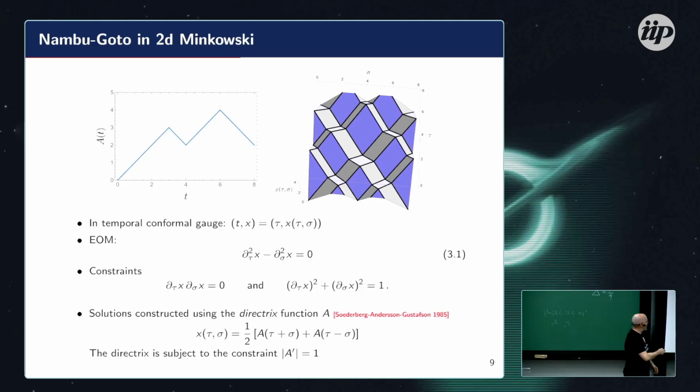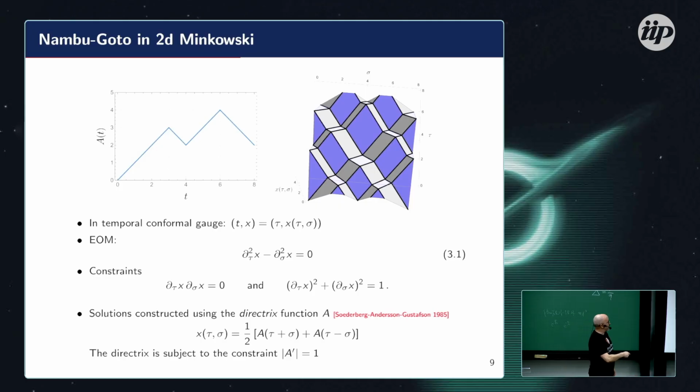Okay, so everybody has seen this equation of motion before, very simple, but there are also constraints that this embedding function x has to satisfy in string theory. But it's easy to satisfy these using what they call the directrix function A. That's a function of 1 variable. And then you build the wave like that, some left and right moving waves, but the derivative of A has to be either plus or minus 1.